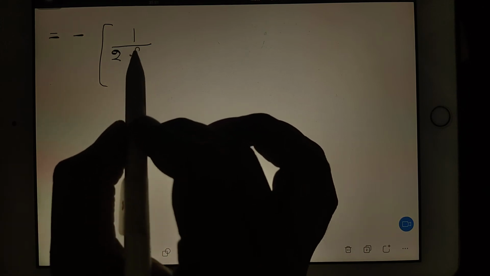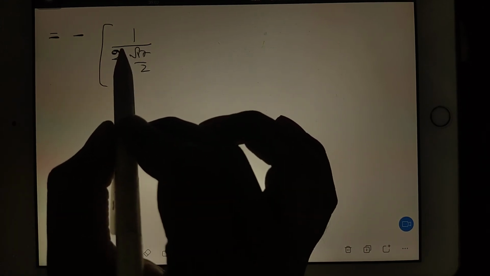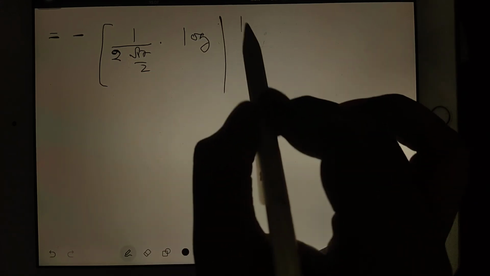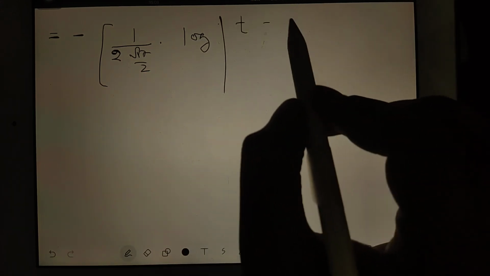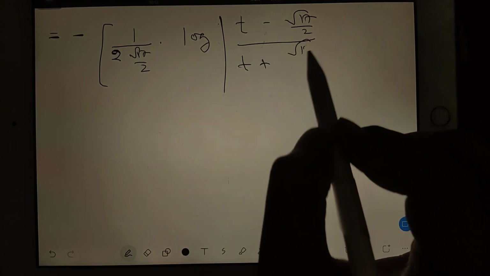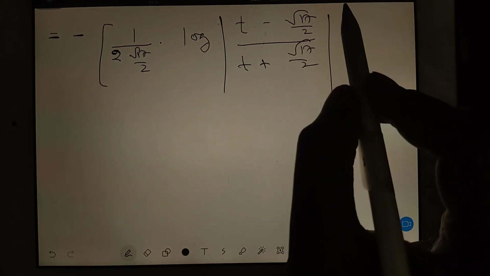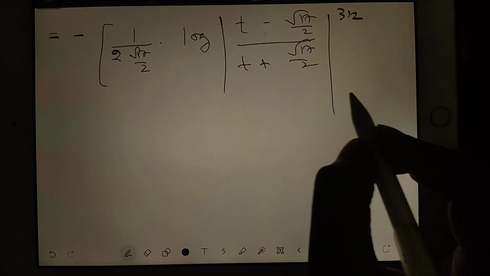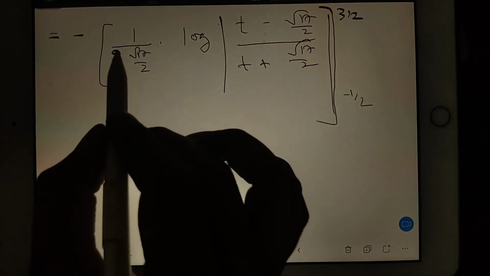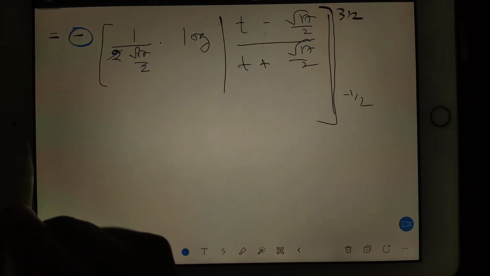So a value is nothing but under root 17 by 2, into here we have log, then mod of t minus under root 17 by 2 whole divided by t plus under root 17 by 2, and bracket close, 3 by 2 limit here and minus 1 by 2 limit here.